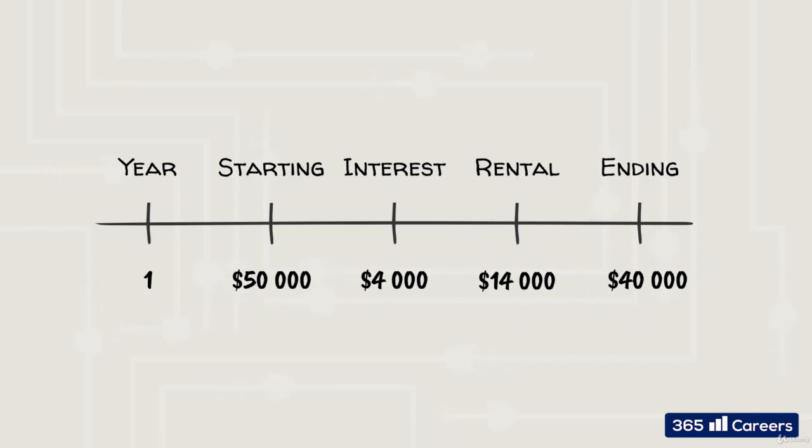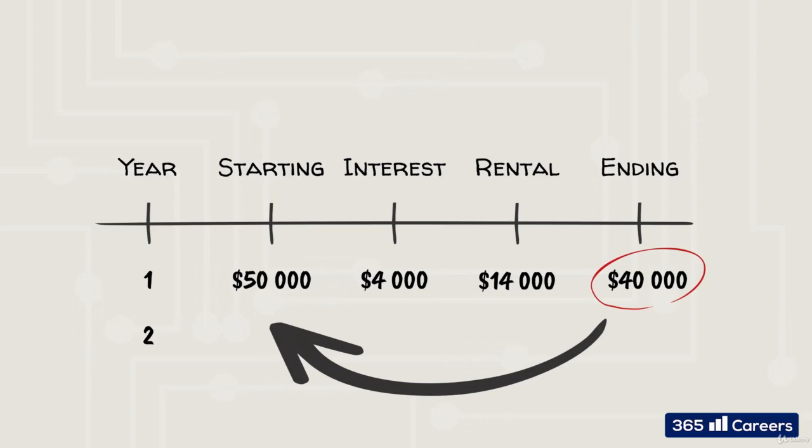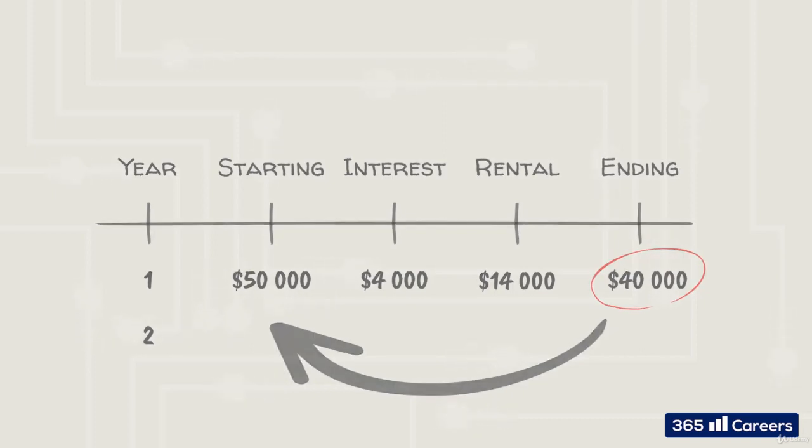The overall rental we pay is $14,000, right? Therefore, the remaining $10,000 are used for capital repayment. Next year, we'll owe $40,000, and interest expenses will be accrued on these $40,000, not on $50,000.